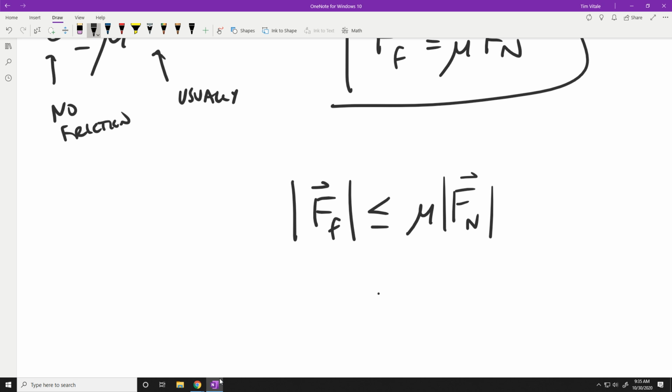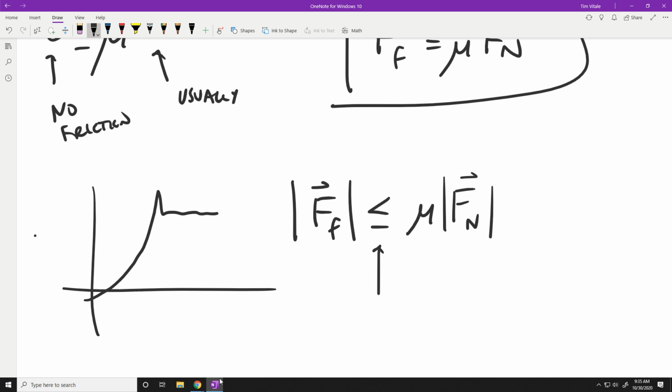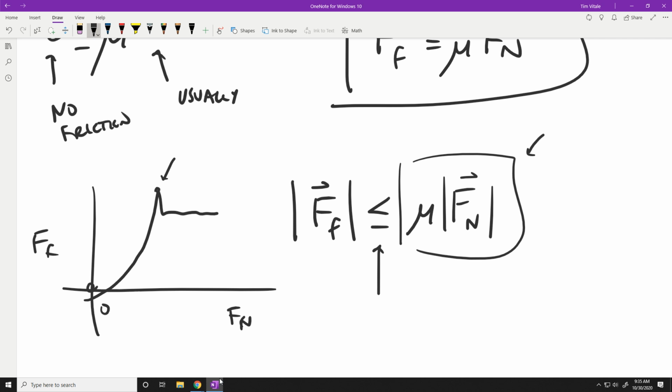So the reason why it's an inequality is because, remember this part where it was going up, up, up, up, up, and then down? This is just saying that from here to here, it could be anywhere from 0 all the way up to the max static. If you calculate it right here with the coefficient of static friction, that would be the max static. And the friction would have to be less than or equal to that.